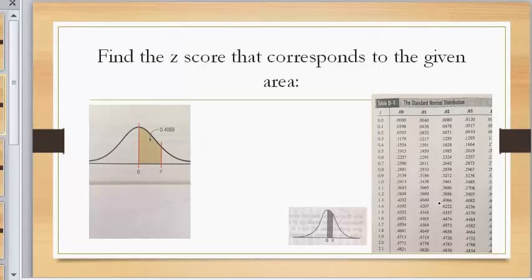Okay, so if you look, we can see that our area, 0.4066, lies here. And so what I need to do is figure out the z-score that goes with that. So I'm going to come off to the side here, and I can see that that z-score starts with 1.3.